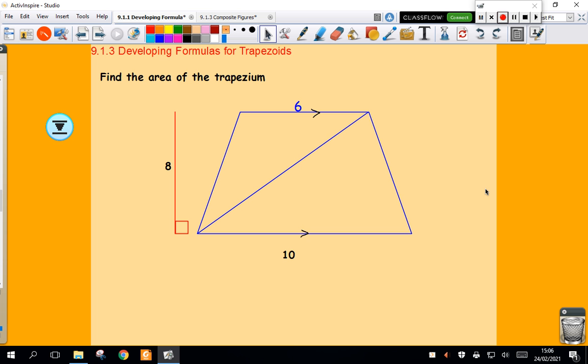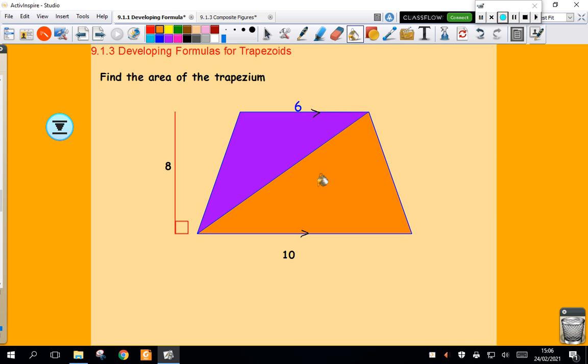So I've drawn in a diagonal there, but you can see that we have a triangle there and we have a triangle there. And we can find the area of each of those triangles. Why? Well, because we know their base and we know their perpendicular height, and we know the area of a triangle. The area of every triangle can be expressed as half of its base times its height.